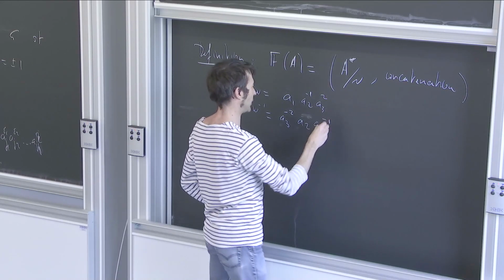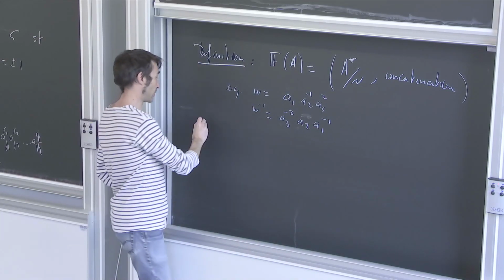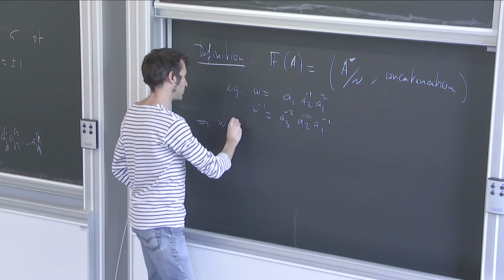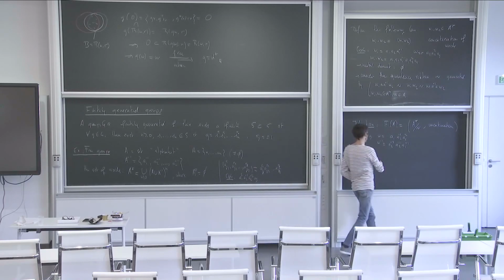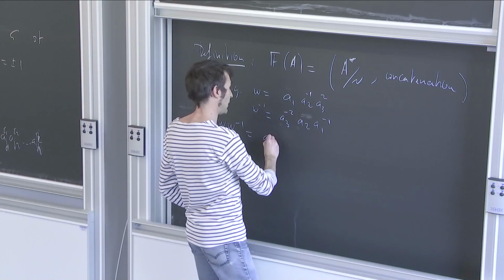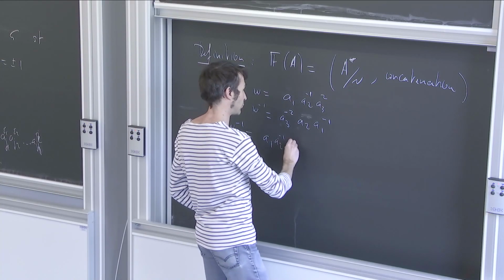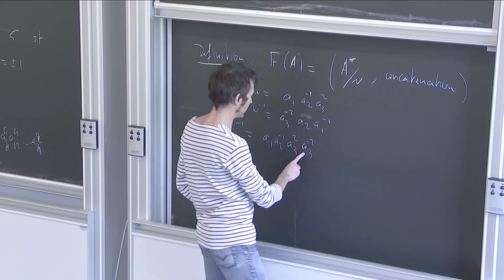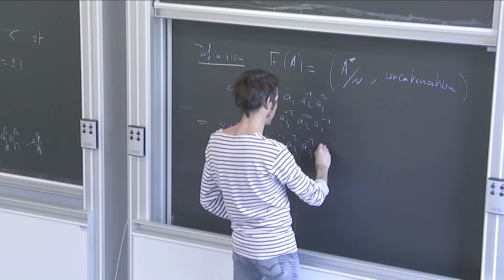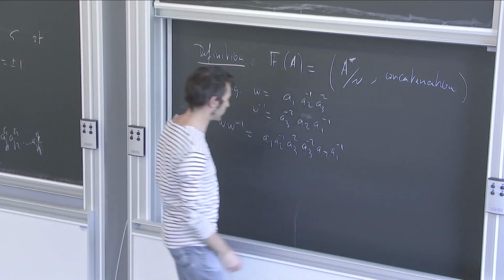And here I have A1 inverse. Because when you compute the product between the two, what you obtain is A1, A2, A3 squared, times A3 to the power minus 2, A2 inverse, A1 to the power minus 1.